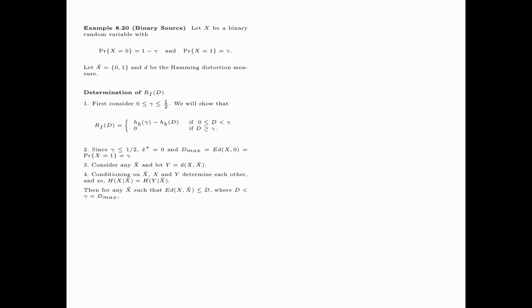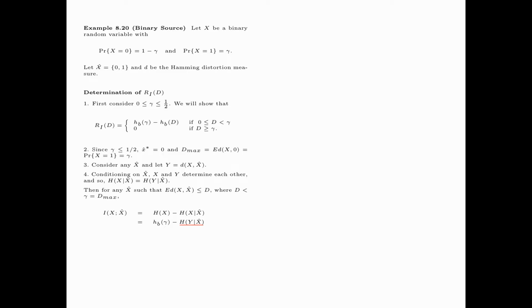Then for any X hat such that the expectation of d(X, X hat) is less than or equal to D, where D is less than gamma equals D max, we have the mutual information between X and X hat, which is equal to the entropy of X minus the entropy of X given X hat, where the entropy of X is equal to h_b(gamma), and the entropy of X given X hat is equal to the entropy of Y given X hat.